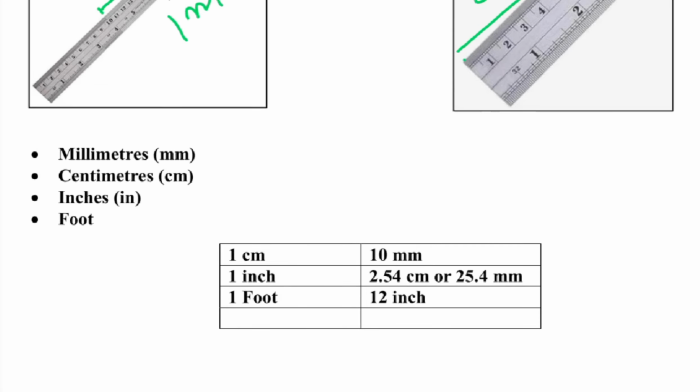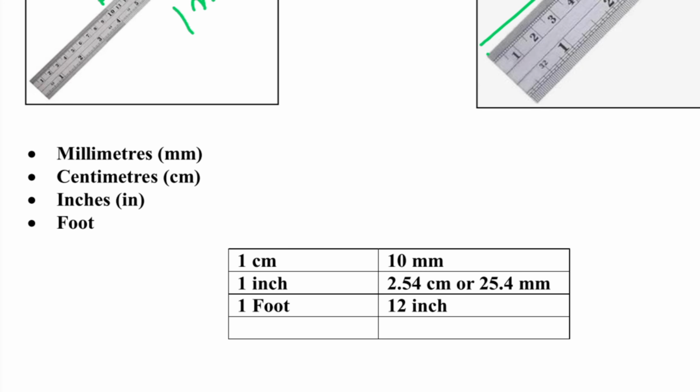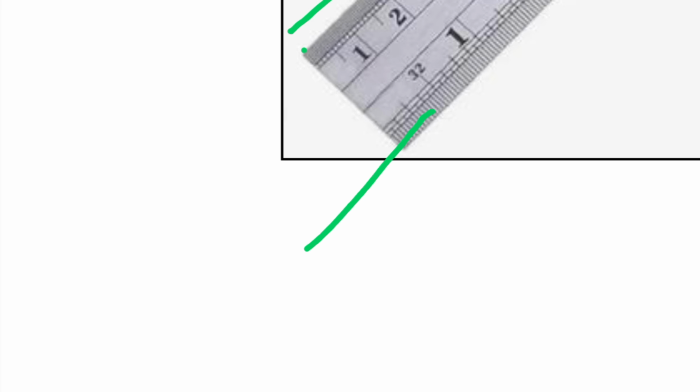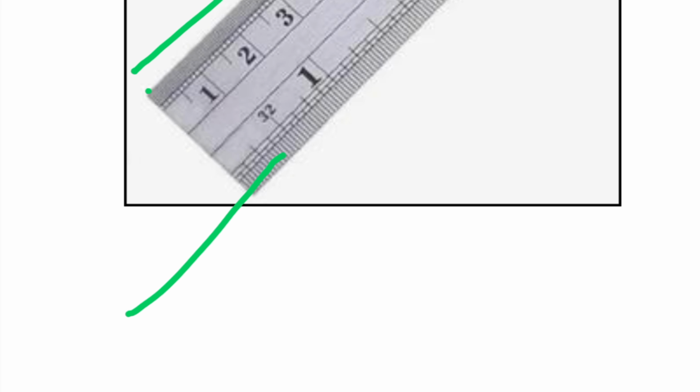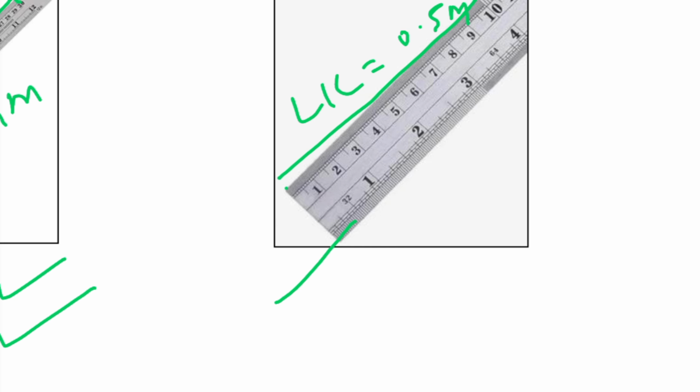So in the scale we measure in mm, centimeter, and inches, right? You can clearly see that from this point, this is inches, right? This is 1 inch, 2 inch, 3 inch, right? And this upper side is 1 centimeter, 2 centimeter, 3 centimeter, 4 centimeter, 5 centimeter, 6 centimeter, right?